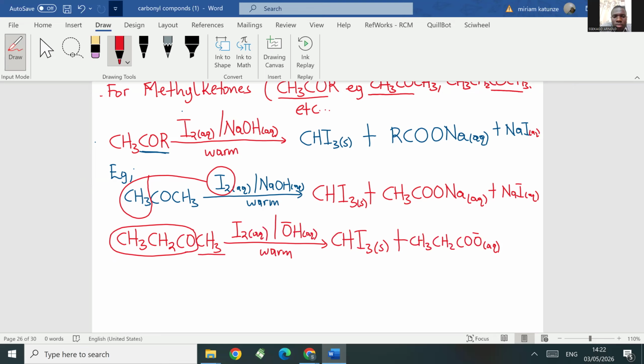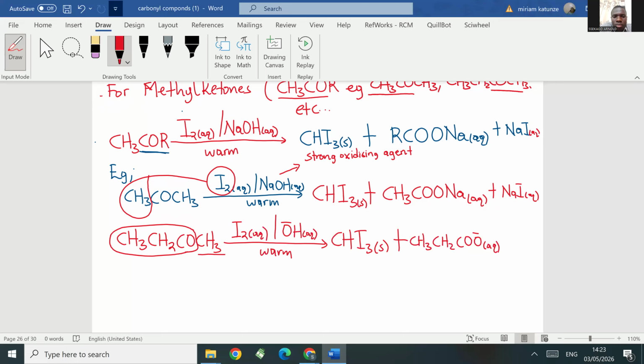Moreover, this mixture of iodine and sodium hydroxide is a strong oxidizing agent. Your teachers are going to teach you that halogens like iodine are very strong oxidizing agents.